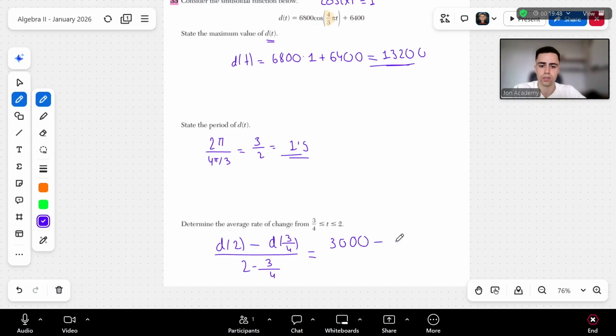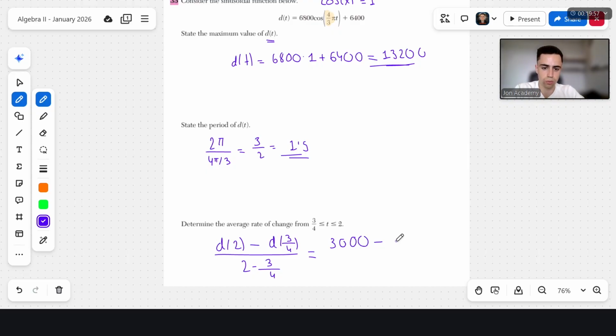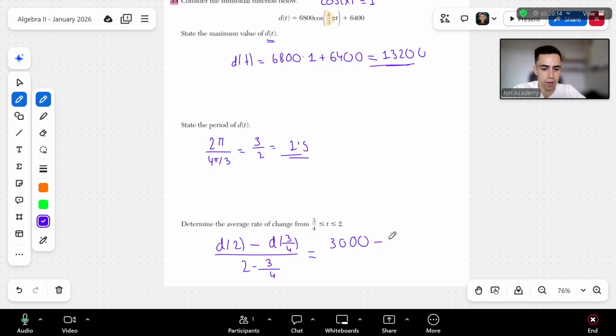Minus, here is going to be the same but for 3/4, no? So let's do it once again. So it's 6,800 times cosine of 4 thirds pi times 3/4 plus 6,400, no? This is going to be minus 400. We have to enter both minuses, no?